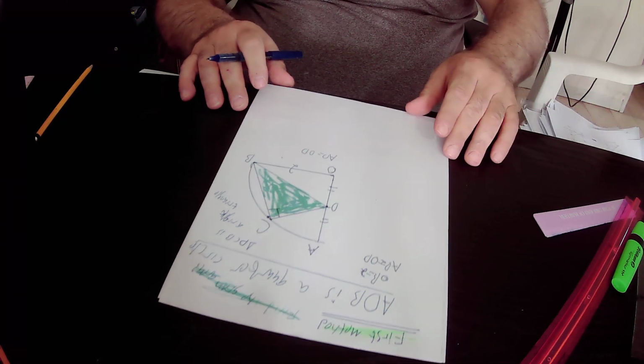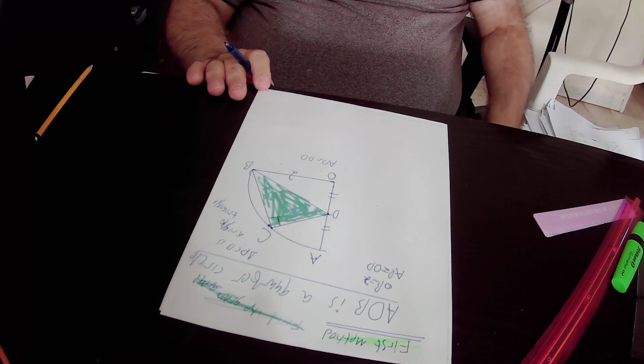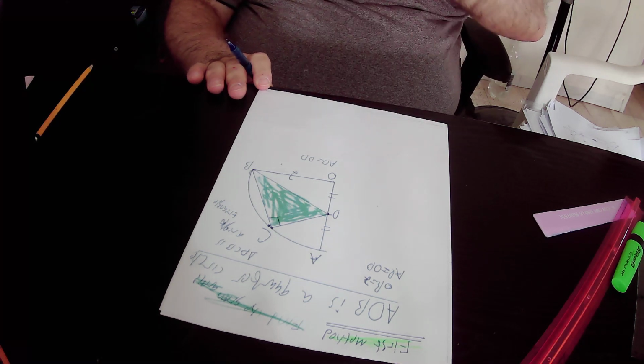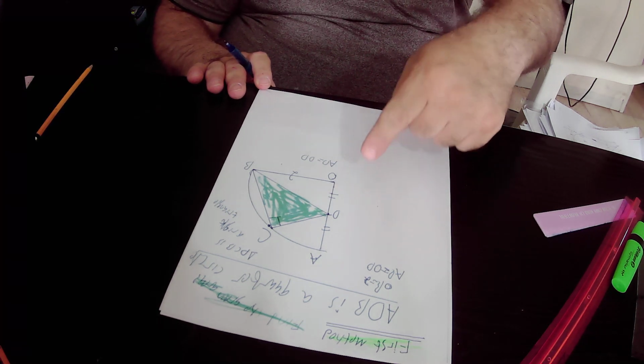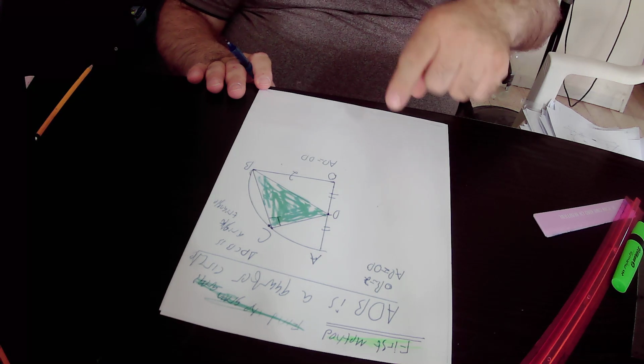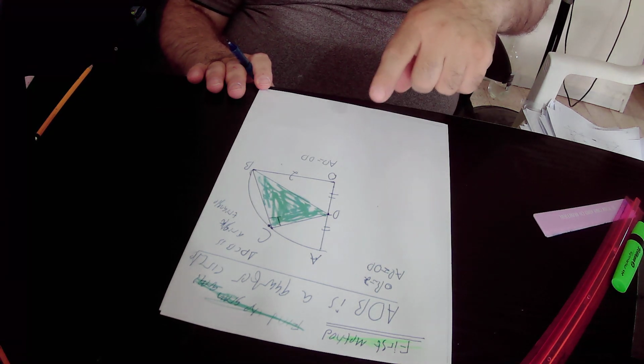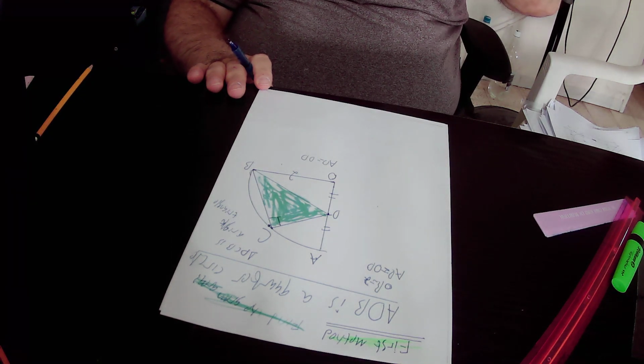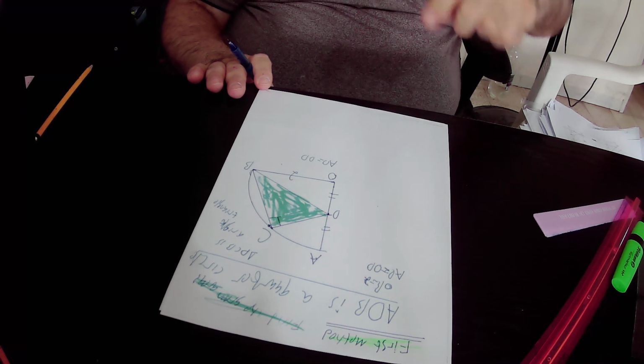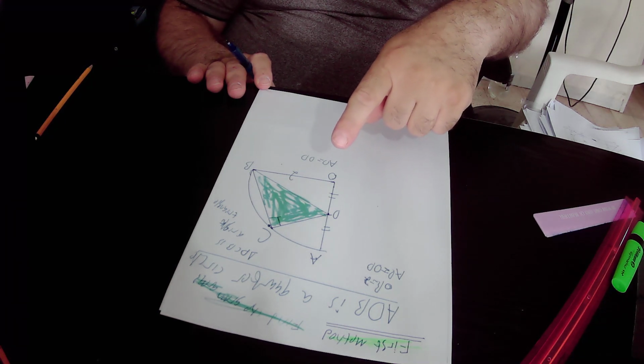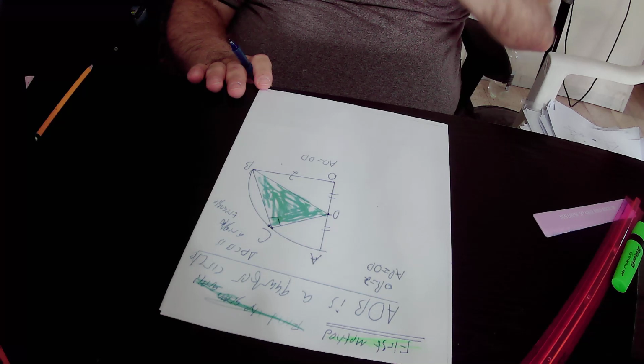In the drawing, we have a quarter circle. Side OB equals 2 units. AD equals DO. Inside this quarter circle, we have the right triangle DCB, and we want to find the area of the blue right triangle DCB.